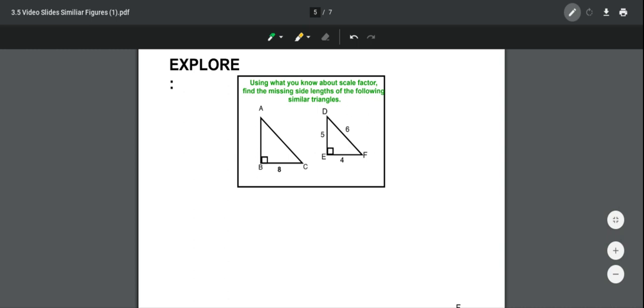So if we look at the 2 corresponding sides, 4 and 8, what scale factor was used to go from 4 to 8?